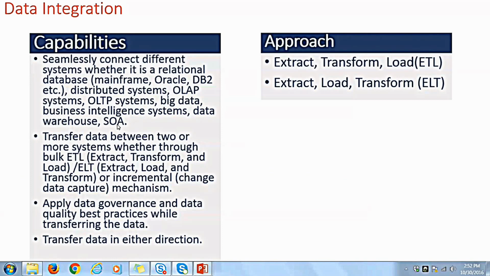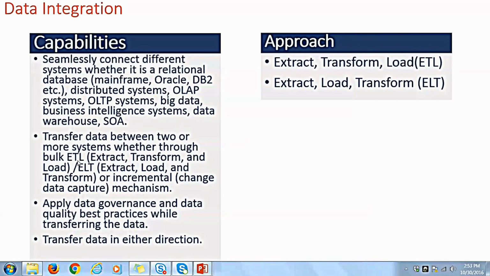It should transfer data between two or more systems whether through bulk mechanisms or through incremental mechanisms. It should apply data governance and data quality best practices while transferring the data. Data can be transferred either way, from the source to target, or sometimes target becomes source and source becomes target.